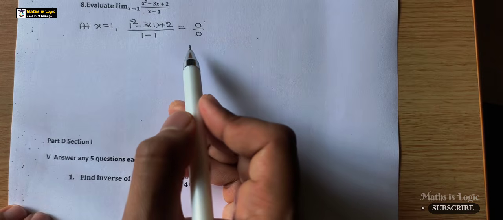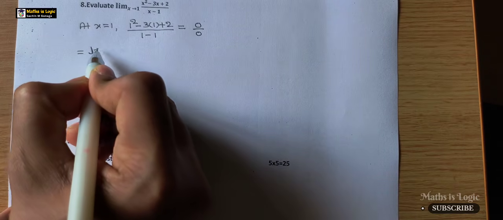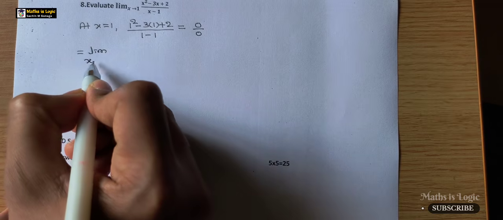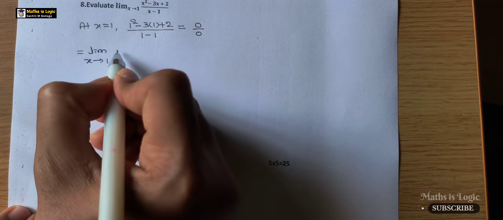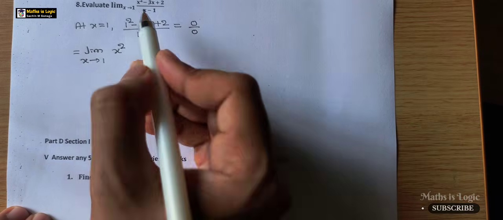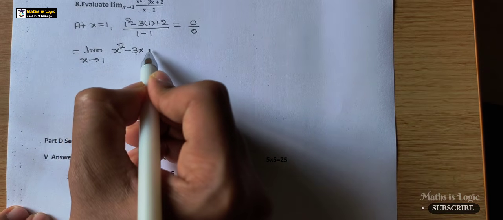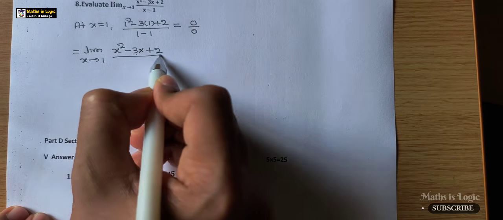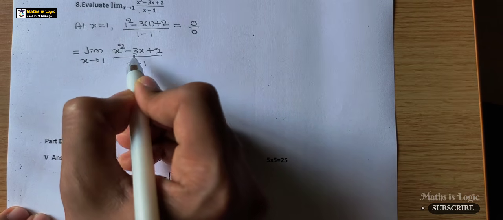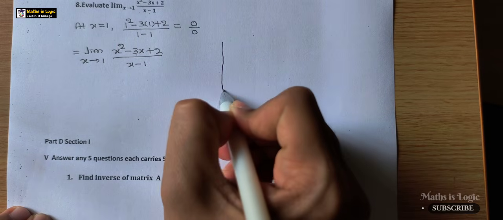Once you get 0, if you want to find the nearest value, here we are going to apply the factorization method. Why are we applying the factorization method? Because you can see this numerator, x square minus 3x plus 2, looks like ax square plus bx plus c. So find out the factors.